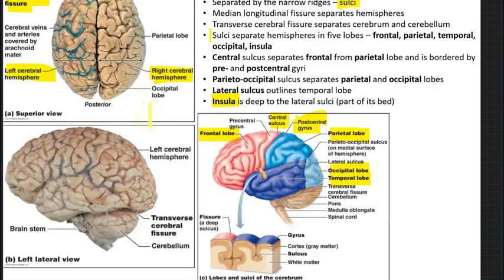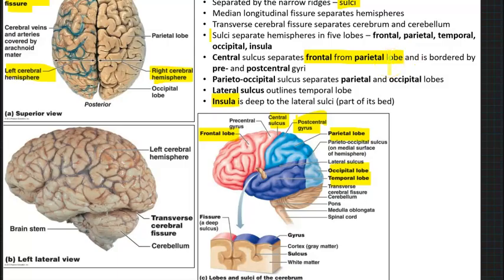Now, do you need to know where the lobes are? The answer is absolutely yes. Do you need to know which structures separate the lobes? In other words, can I ask you what separates frontal and parietal lobe? No, I'm not going to ask you that.